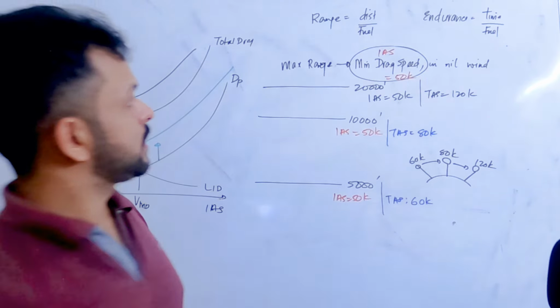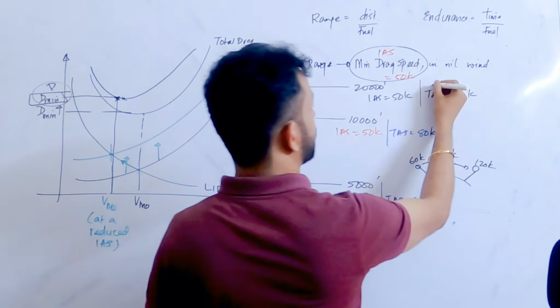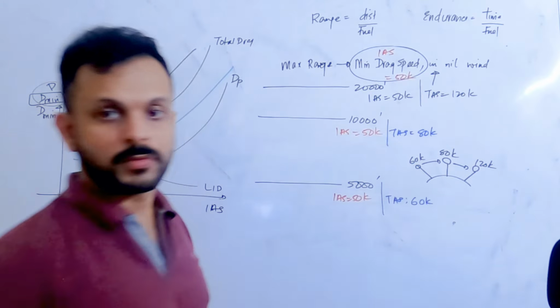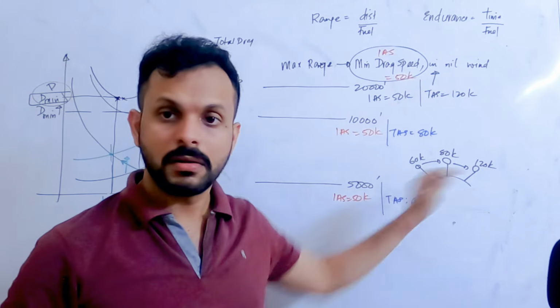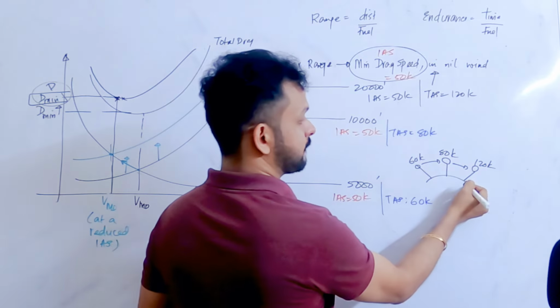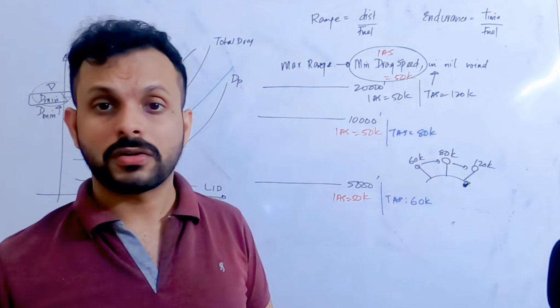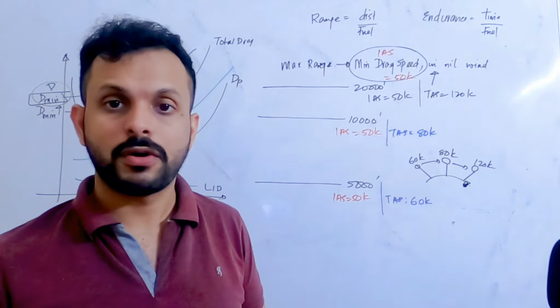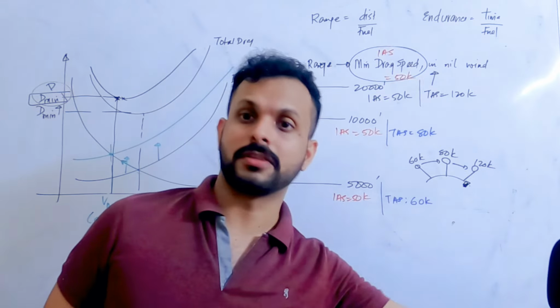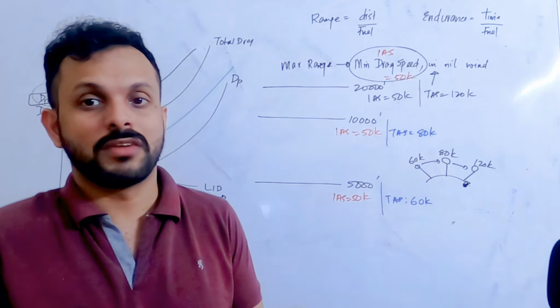Now if I climb further up, what happens? I'll have to again increase the throttle, right? Now imagine that this is a forward stop, which means I cannot advance my throttle any further forward because there's always a limit, right? What kind of limitation is that going to give you?